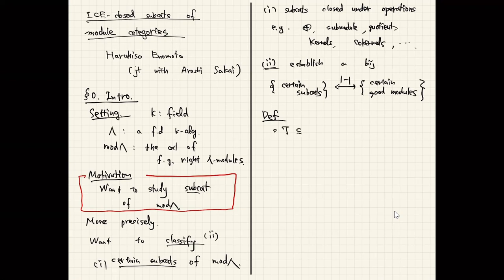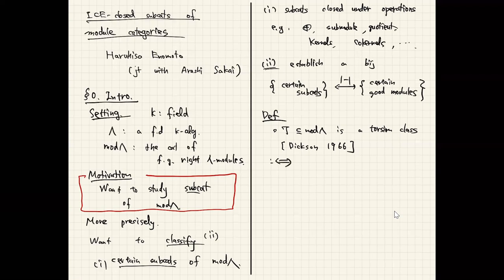A subcategory T of mod lambda is a torsion class. This was introduced by Dickson in 1966 as a generalization of torsion modules in the category of abelian groups.